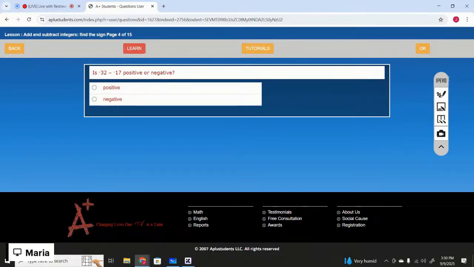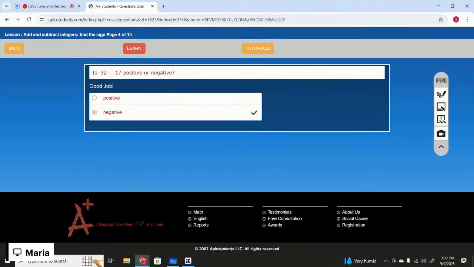Negative 32 minus negative 17. 32 is a negative number, so the answer must be negative. Option number 2 is the correct option.